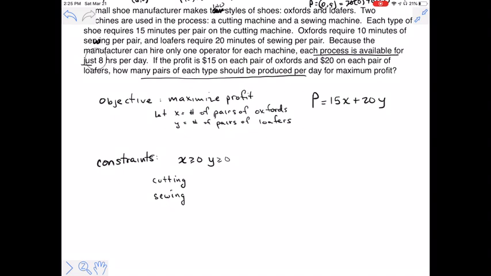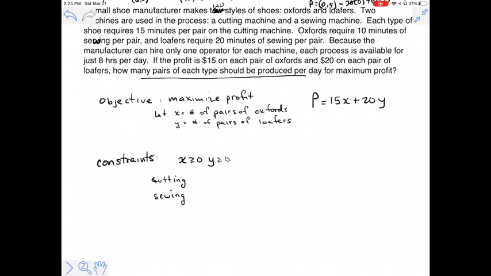Well, let's see. Each process is only available for just 8 hours per day. We can actually incorporate that into these two. So cutting each type of shoe is 15 minutes per pair for cutting.